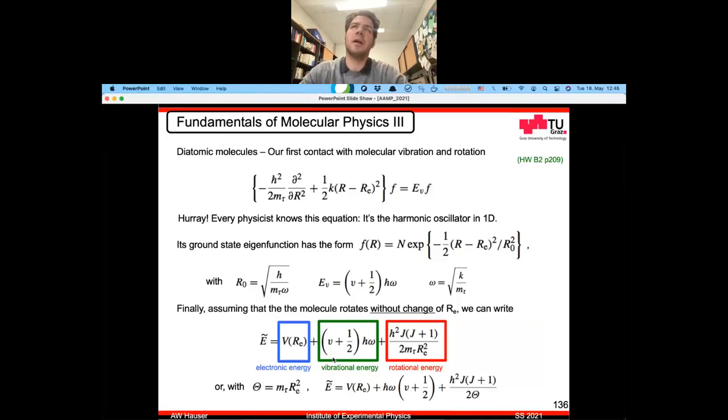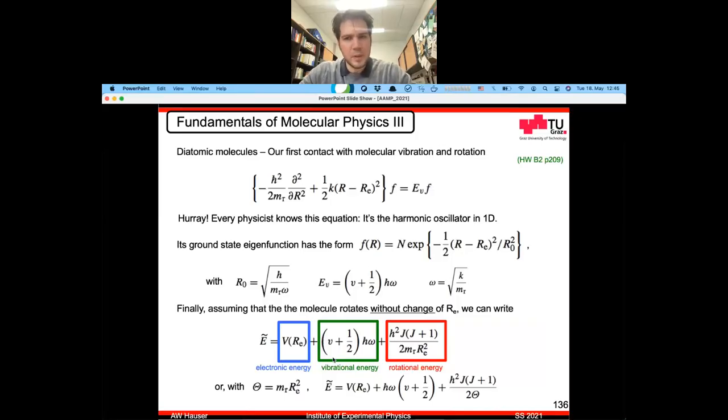Then say, okay, if this is an eigenfunction of the angular momentum, we only have to deal with the radial part. And here we see what remains is the harmonic oscillator in this approximation, which is valid for small variations with respect to the equilibrium position of the two nuclei.